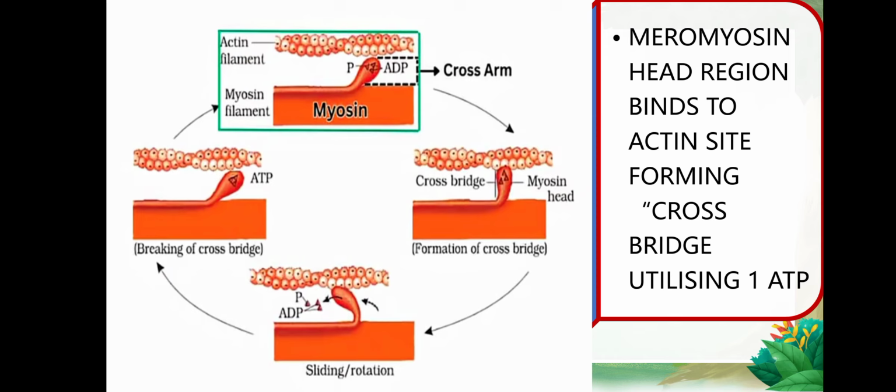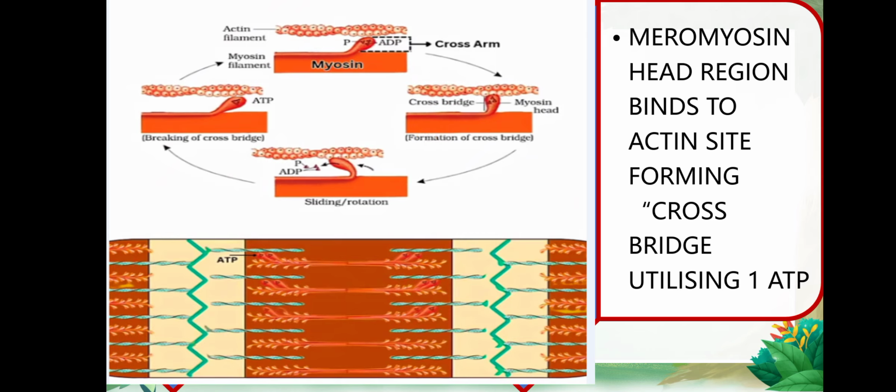Once ATP is utilized, the cross bridge moves and slides onto the actin filament, releasing ADP and Pi as ATP is utilized. This is known as the power stroke. You must remember this.